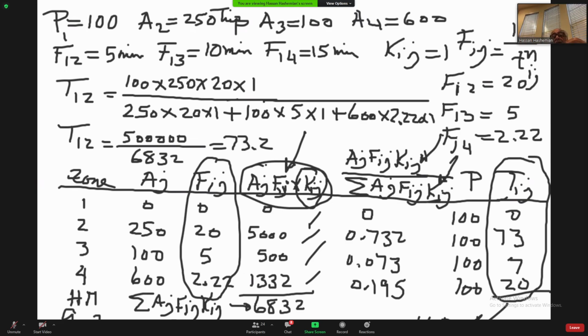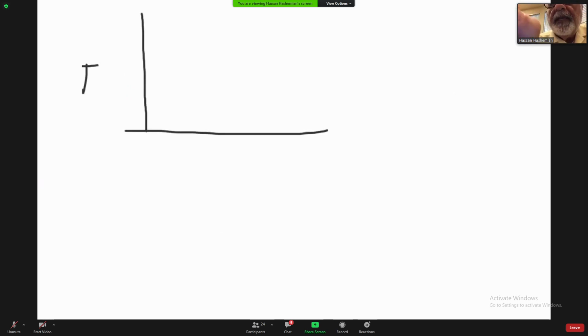And sometimes in the problem, instead of giving you the Fij, they give you the graph. They say here is the Fij, and this is the Tij.